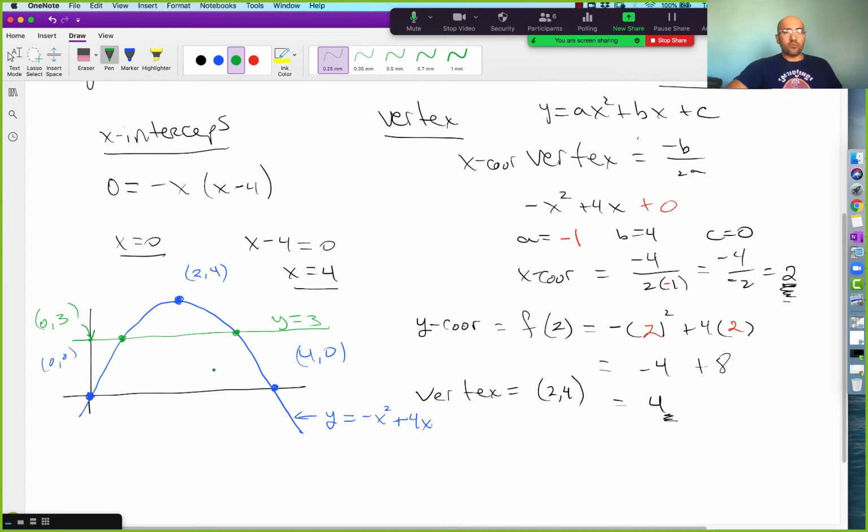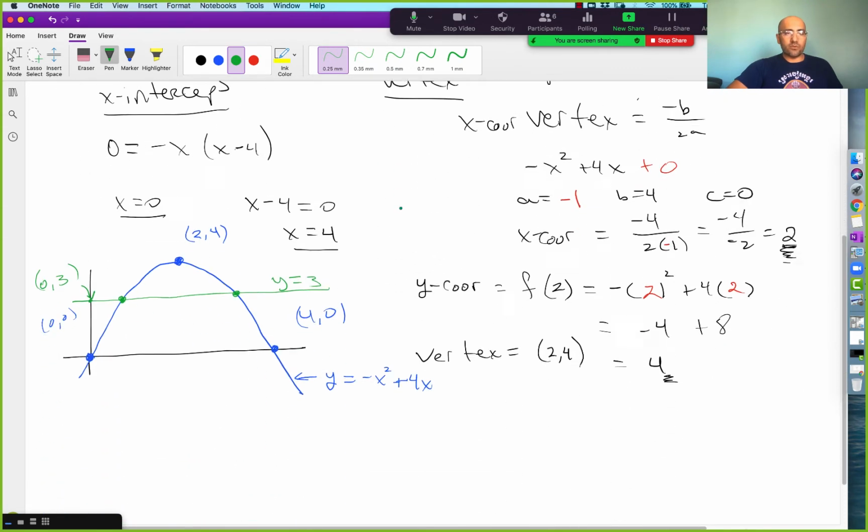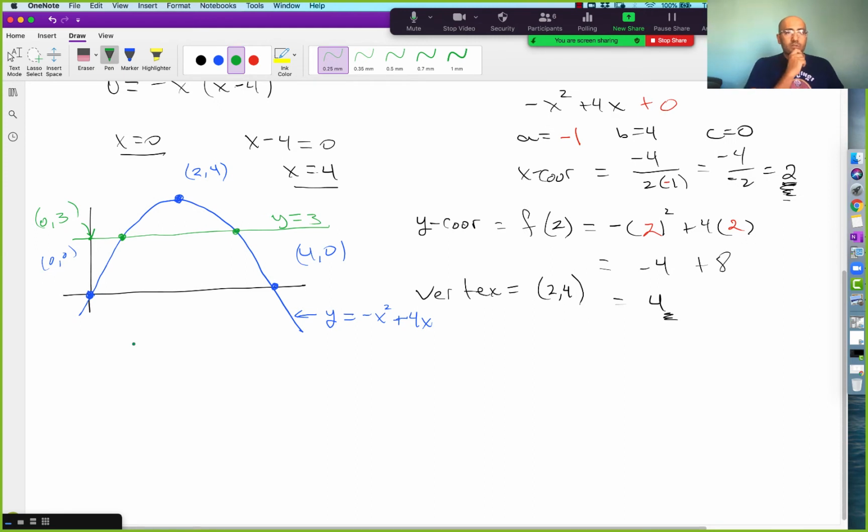And now it says to rotate about the line x equals 1. Okay, x equals 1 is going to be a vertical line. All right, well, let's figure out what happens when you plug a 1 into this function. When x equals 1, we have y equals negative blank squared plus 4 blank.